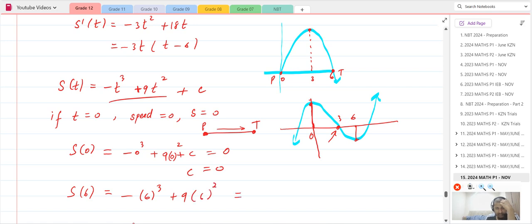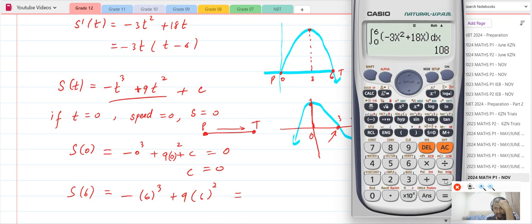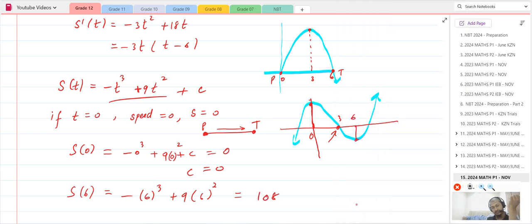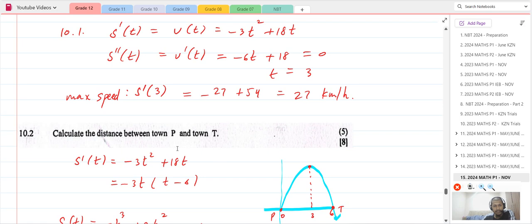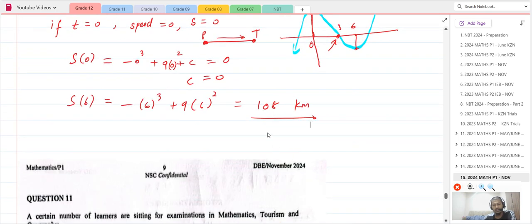Put your calculator on, negative 6 to the power 3 plus 9 times 6 squared. I'm getting 108. Perfect. The distance between the two towns is 108 kilometers.